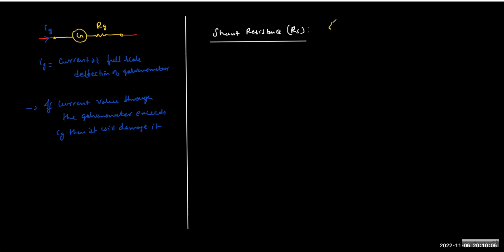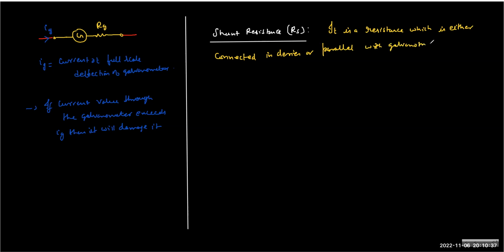So you can define here, it is the resistor or the resistance, which is either connected in series or parallel with the galvanometer in order to increase.